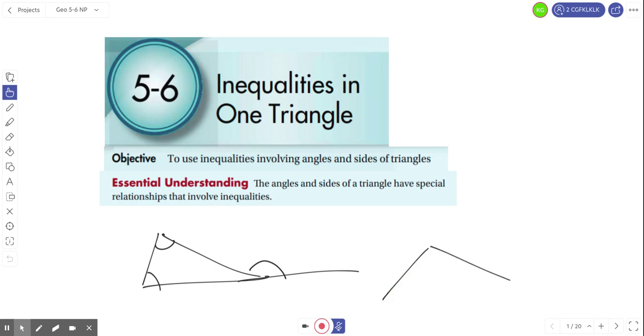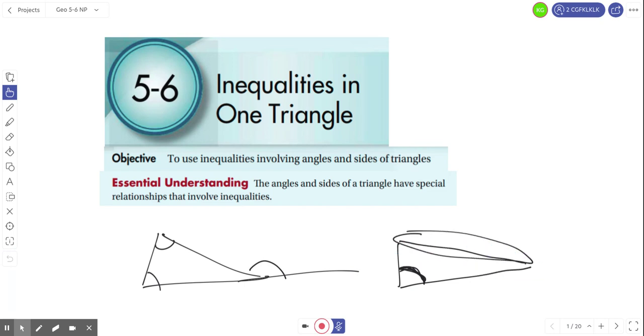Or another thing we'll learn is that if you have a triangle with a small side and a big side, and this is the biggest angle in the triangle, then we can guarantee that this is the longest side, and if this is the smallest angle, then this is the smallest side. So those are inequality type situations. We're going to look closely at those, how we use them in proofs, and how we apply them to solve different types of problems.